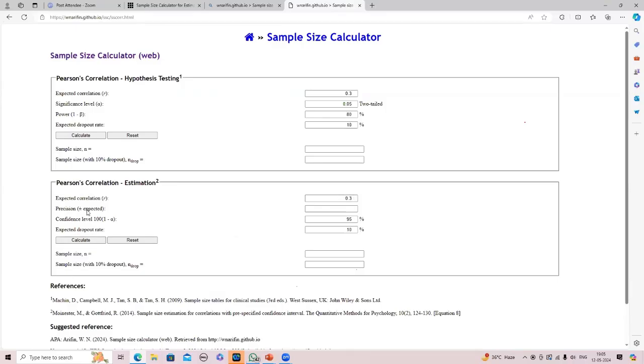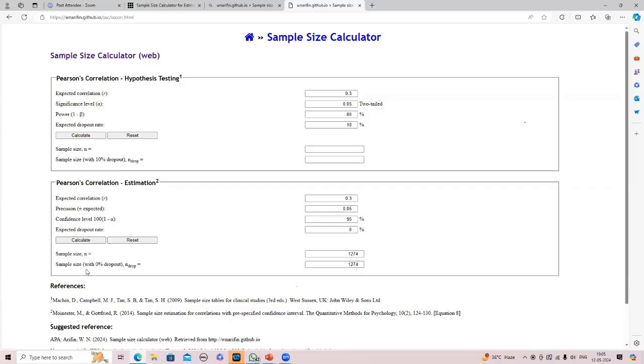What is the precision? Here also I choose the absolute form, precision of plus minus 0.05. That means my correlation will vary from 0.25 to 0.35. And expected dropout: I am choosing no dropout.